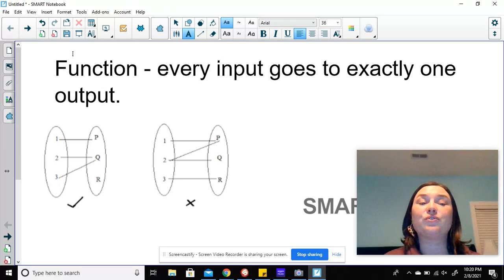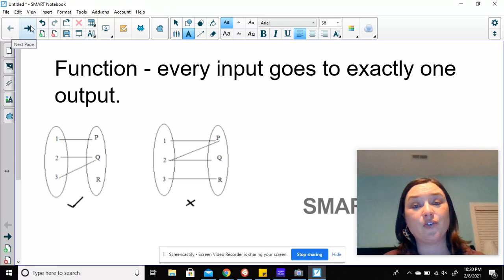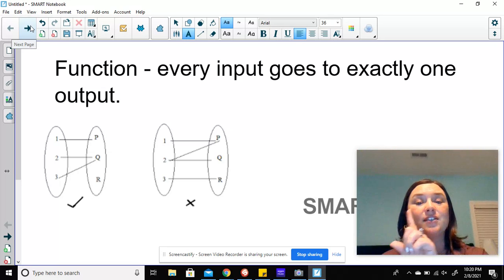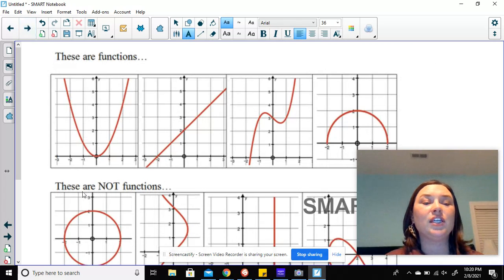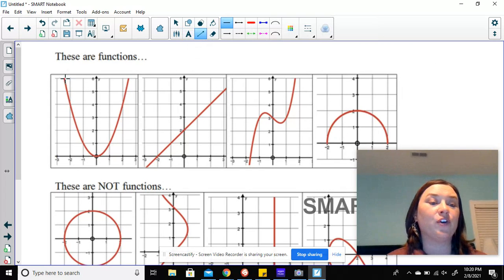And then if you want to tell if a graph is a function, well, if this was a list of ordered pairs, you would make sure none of the x's in the ordered pairs repeat. If it was a list of x and y values, just make sure the x's don't repeat. But if you're looking at the graph, we use something called the vertical line test.